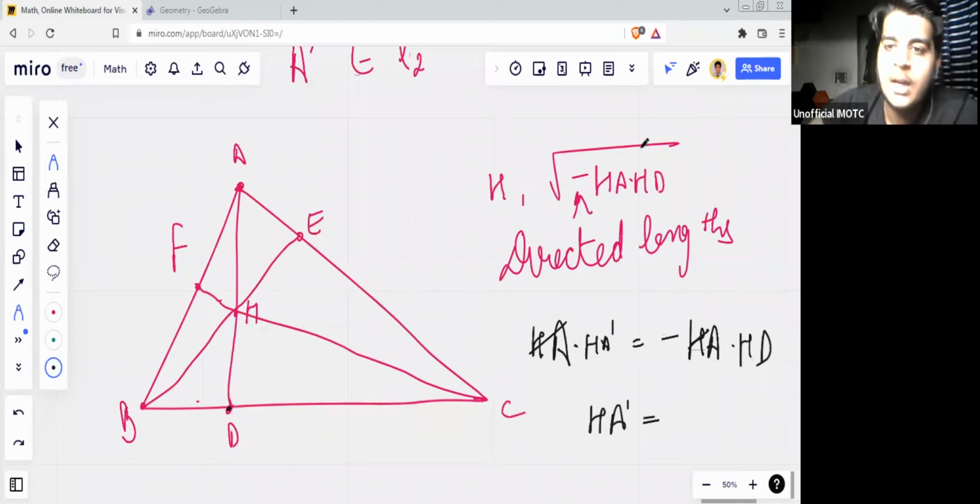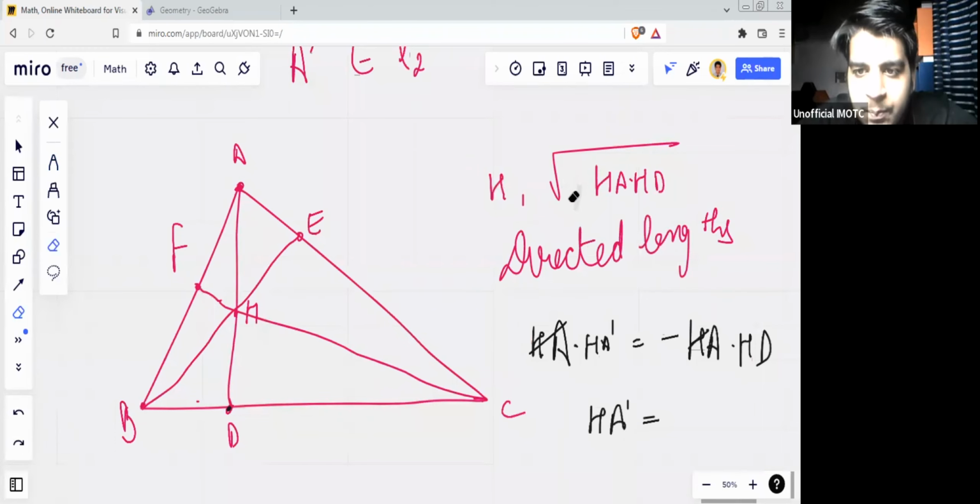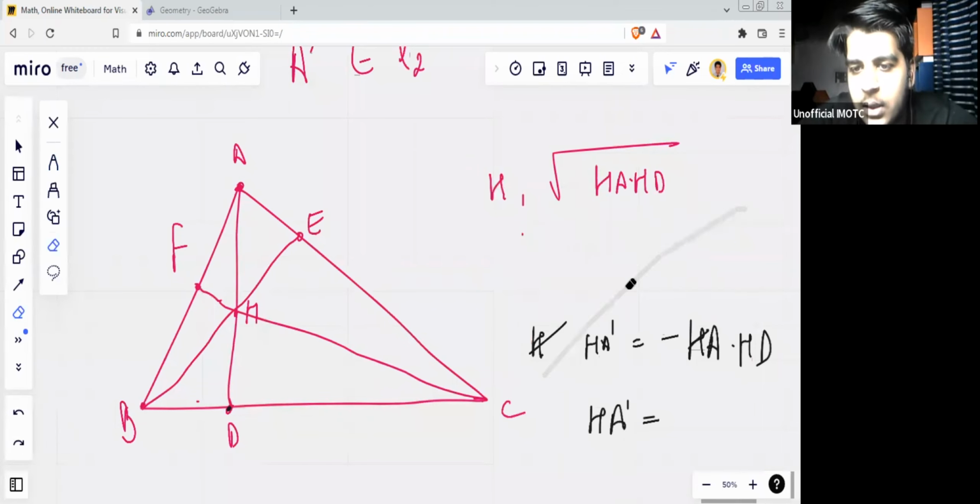Yeah, sorry for that. Okay. Fine, I'll have to look into this directed lengths stuff. We don't take the negative. Instead, we can do one thing.